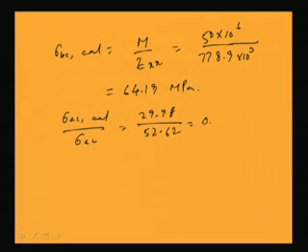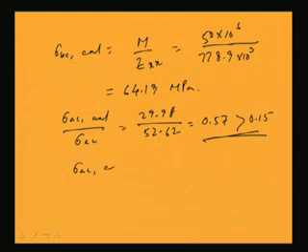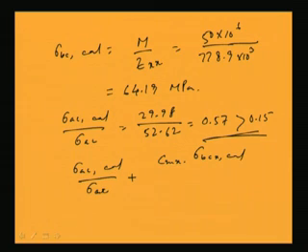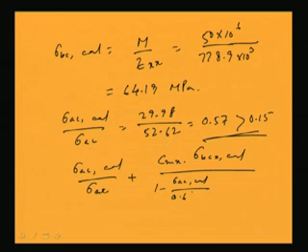This is coming 0.57, which is greater than 0.15. So we have to put the equation accordingly. That means the equation will be sigma AC calculated by sigma AC plus Cmx into sigma BCX calculated by 1 minus sigma AC calculated by 0.6 Fccx into sigma BCX.